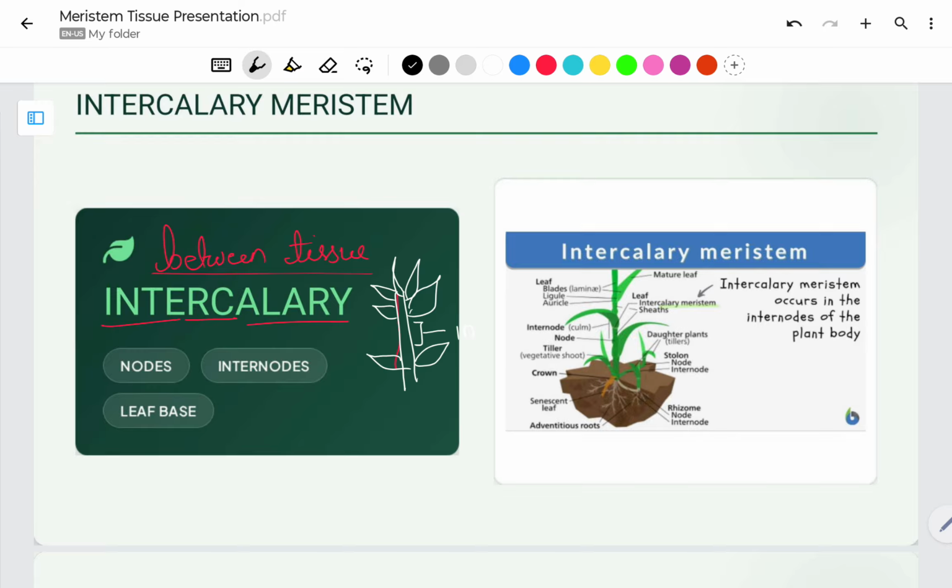These are the intercalary tissue. It occurs between the node and the internode.